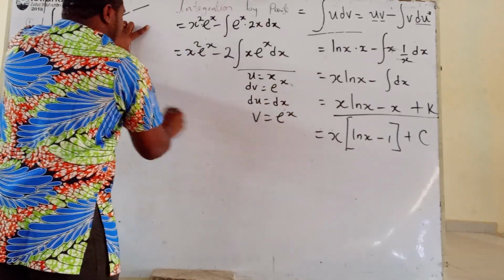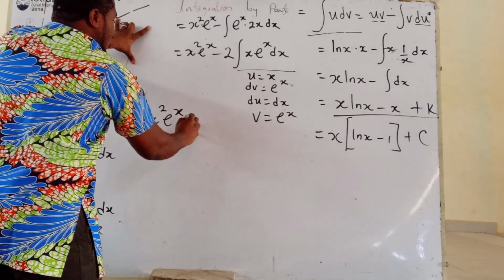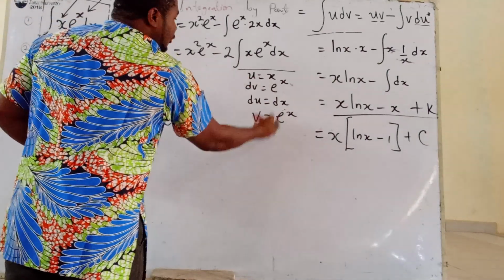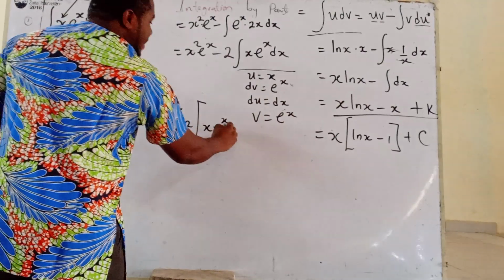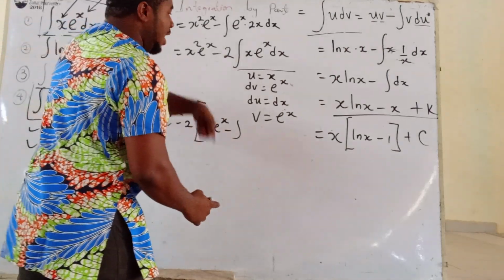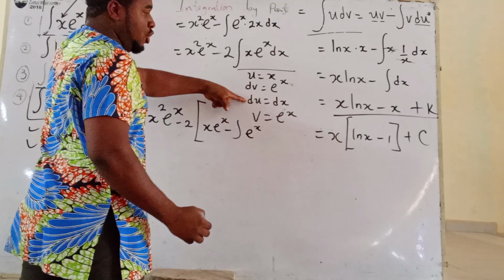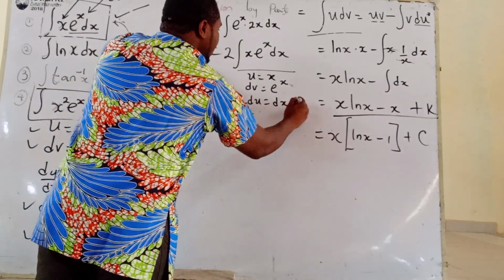So finally, I'm going to have x squared exponential x minus 2 into uv, x exponential x, minus the integral of v du, exponential x dx. So let me put this one over here.